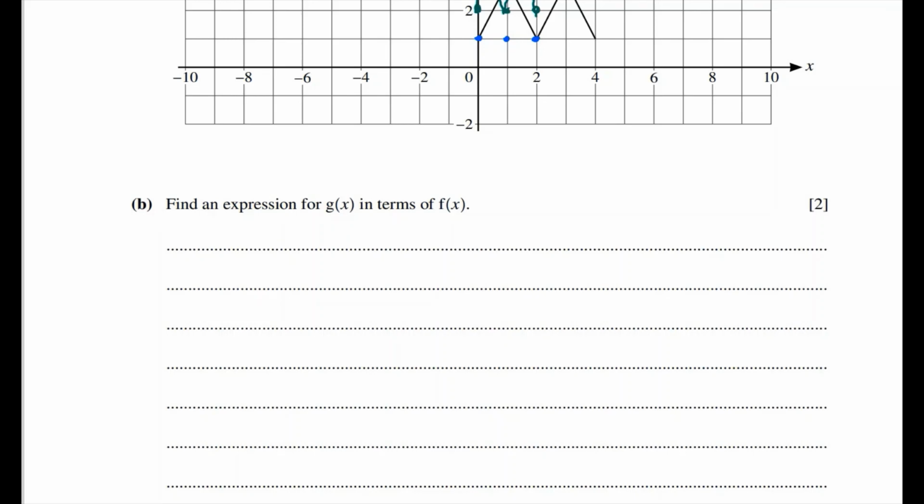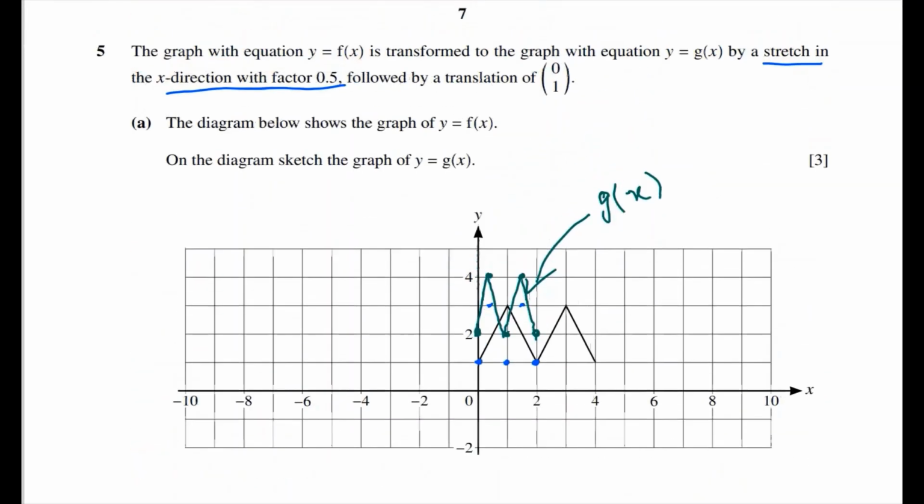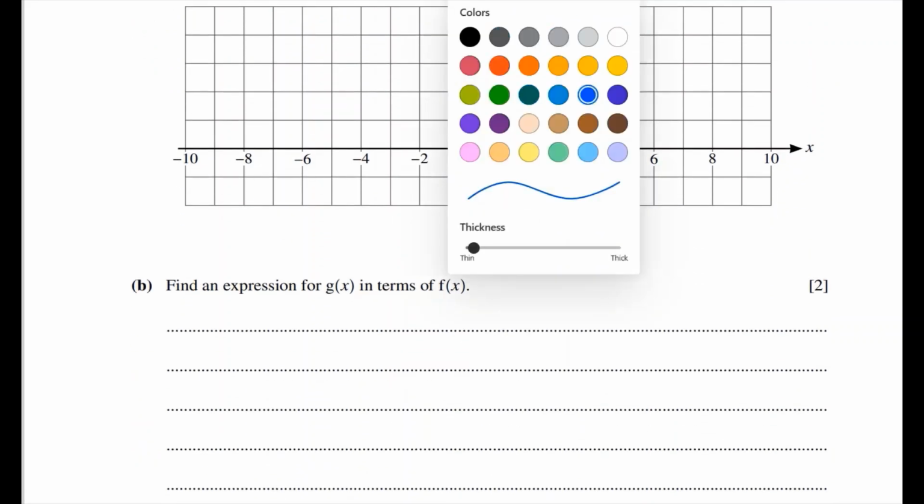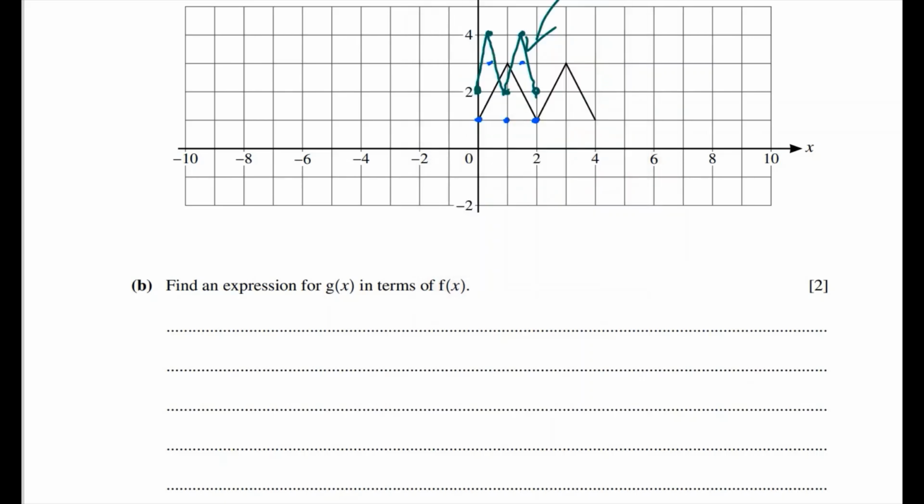Next, B part is find an expression for g of x in terms of f of x. So first what we did is the stretching in the x direction with the factor 0.5. So g of x can be written as f of 2x.